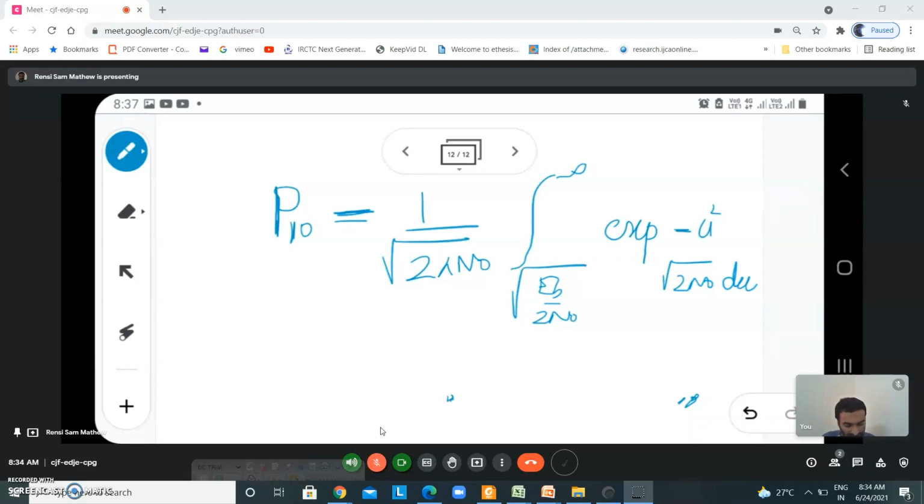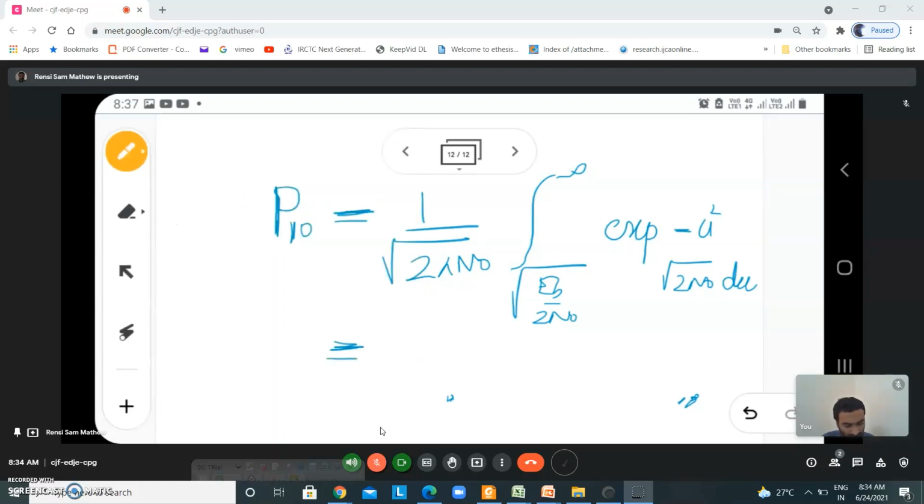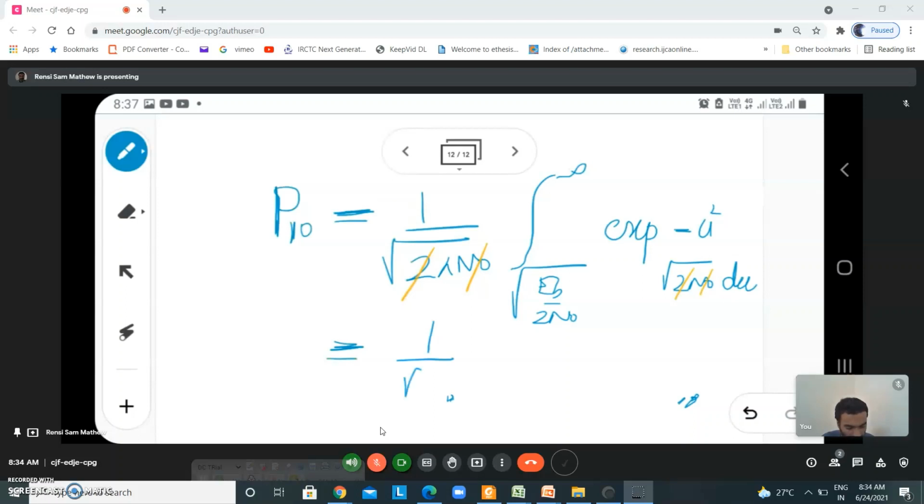So what will I get? Simplifying, this part and this part will get cancelled; 2 and N0 will get cancelled, under the square root. So what remains is 1 by square root of pi, integral from square root of Eb by 2N0 to infinity of exponential of minus u square into du.